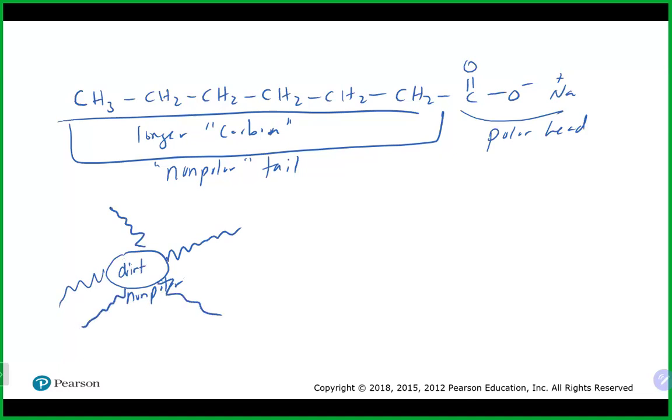The nonpolar part of soap will basically surround the dirt because like dissolves like, so they'll mix really well. What that does is it makes a micelle, which allows the polar side of soap to actually be on the outside. So a bunch of soap molecules surround your dirt and oil because they will mix really well.